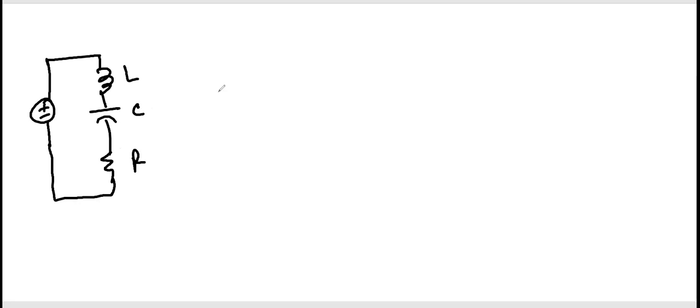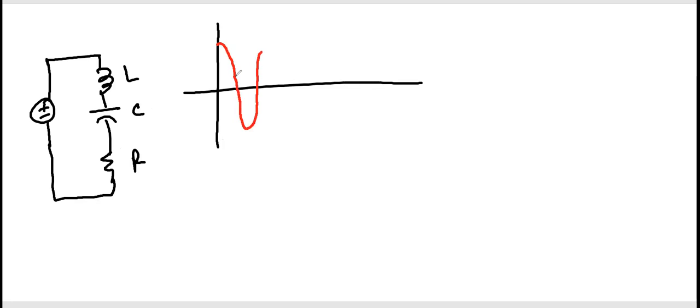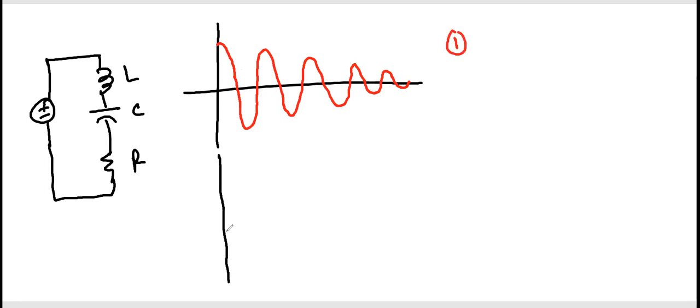For particular values, you definitely have three kinds of solutions or signals. Number one, the signal might look sinusoidal but decaying with time. You have some damping factor, and due to the damping factor, it will decay. This is case number one. Case number two, it will increase over time.